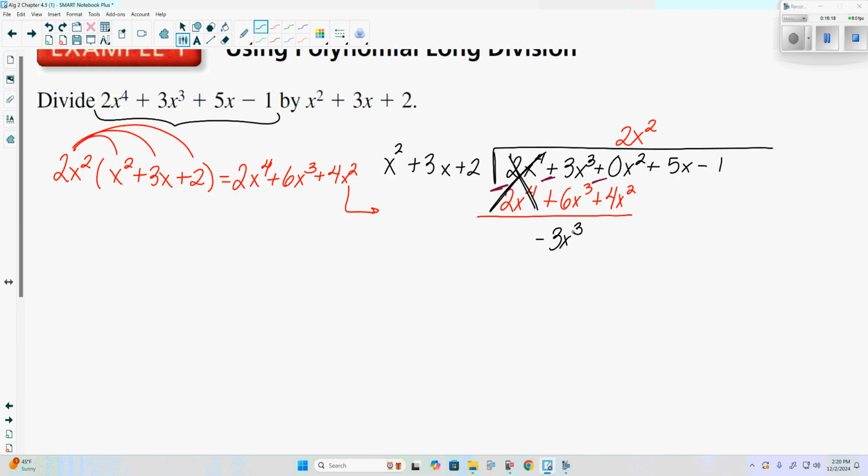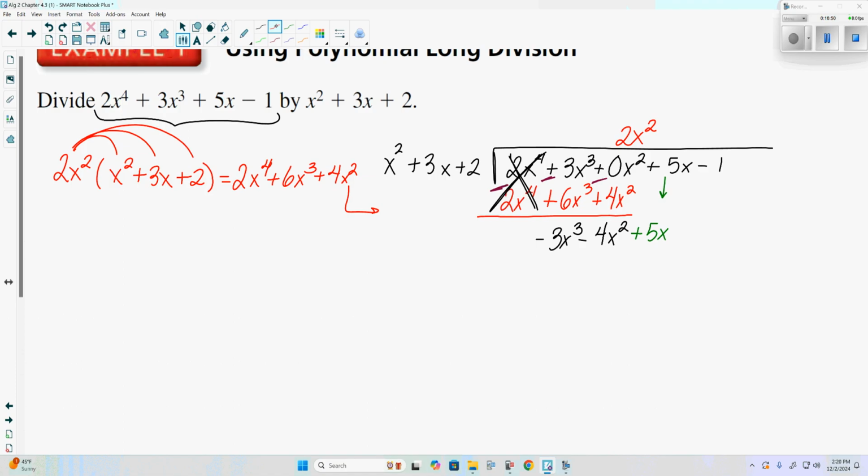And we still have x to the third. 0x squared minus 4x squared, 0 minus 4, negative 4x squared. And then we bring our next term down. Questions on what we've done so far?